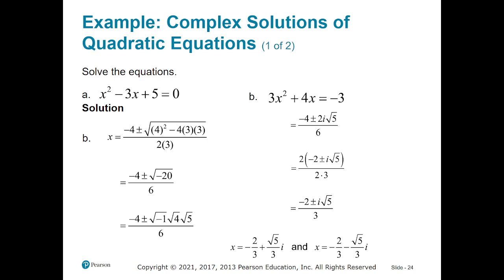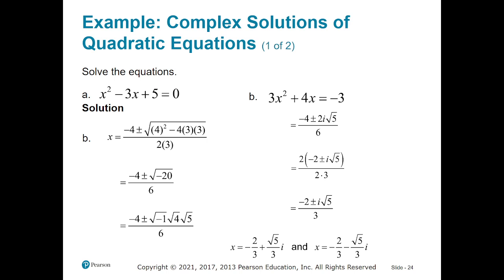Okay, I'm going to break this up into its pieces now. So x is equal to negative 4 over 6 plus or minus 2i square root of 5 over 6. And then I'm going to simplify these fractions, and I'll have x is equal to negative 2/3 plus or minus i square root of 5 over 3.